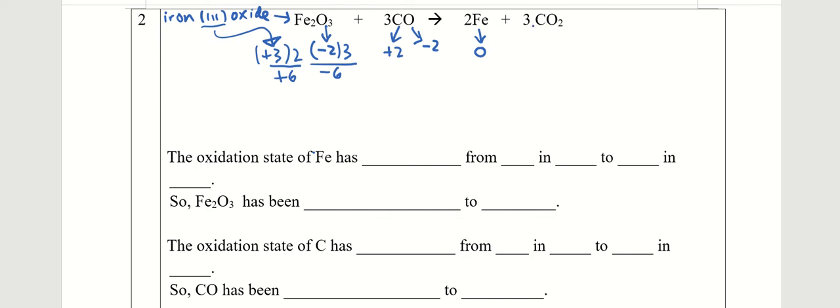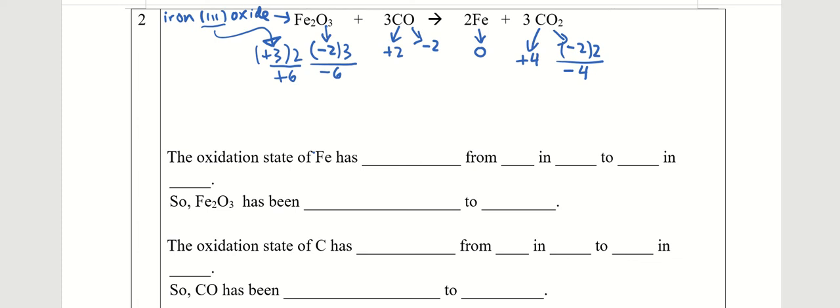So now let us take a look at carbon dioxide. Typically, again, oxygen has an oxidation state of -2. Since there's 2 of them, we multiply it by 2, giving us a total of -4, which means the oxidation state of carbon here would be +4, since the overall oxidation state has to be 0.